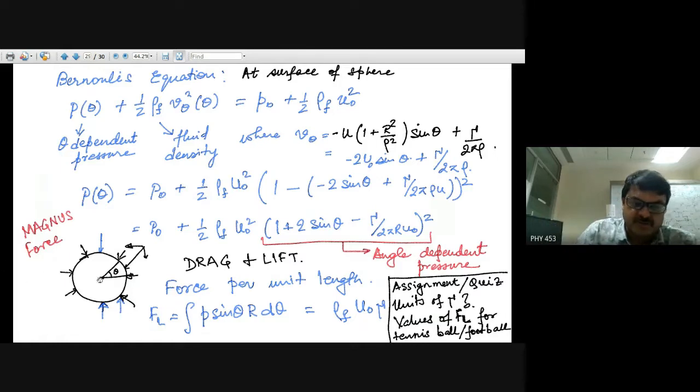Suppose this is the flow, this is theta, and if you calculate sine theta, it will be this, or this rather, right?